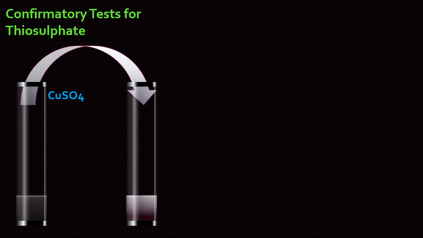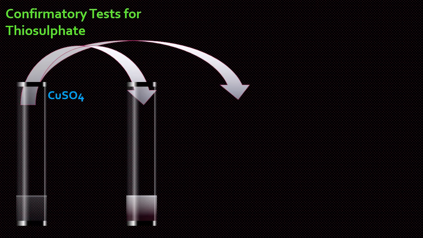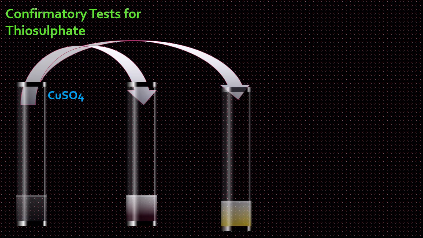Let's do another one. So here a yellow precipitate forms. The salt is ferric chloride, FeCl3.